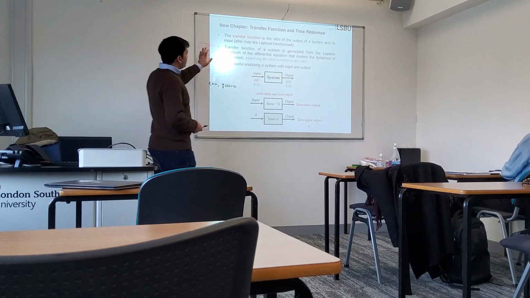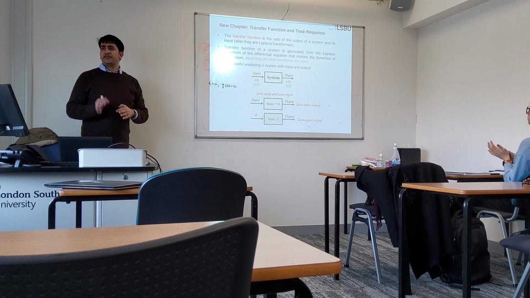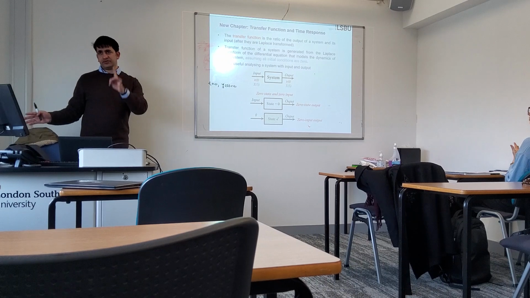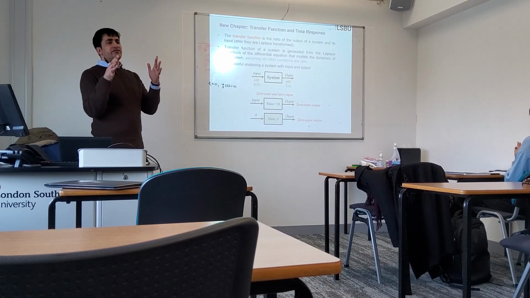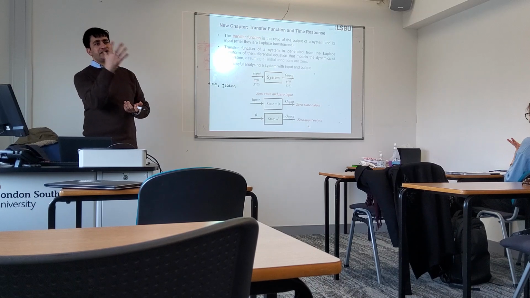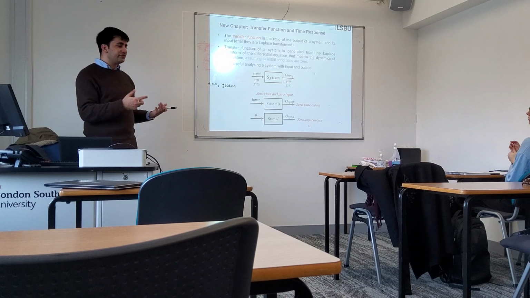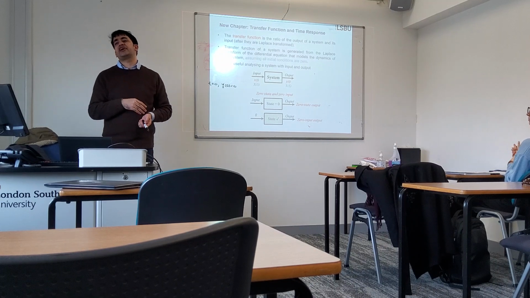Another important thing is how we find the transfer function. For any system, we will start with one system afterwards. Any system is represented by a differential equation using derivatives. If we take that system and apply the Laplace transform, we can get the transfer function.